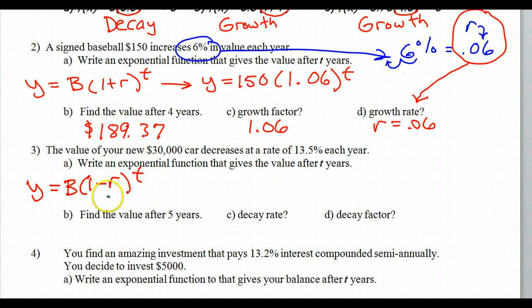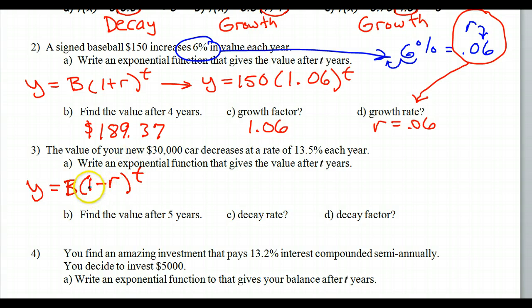Now, this number 1 really represents 100%. So in the case of growth, we were basically starting with 100% and then adding 6% every year. So that's how we got 1.06, which is really 106%.